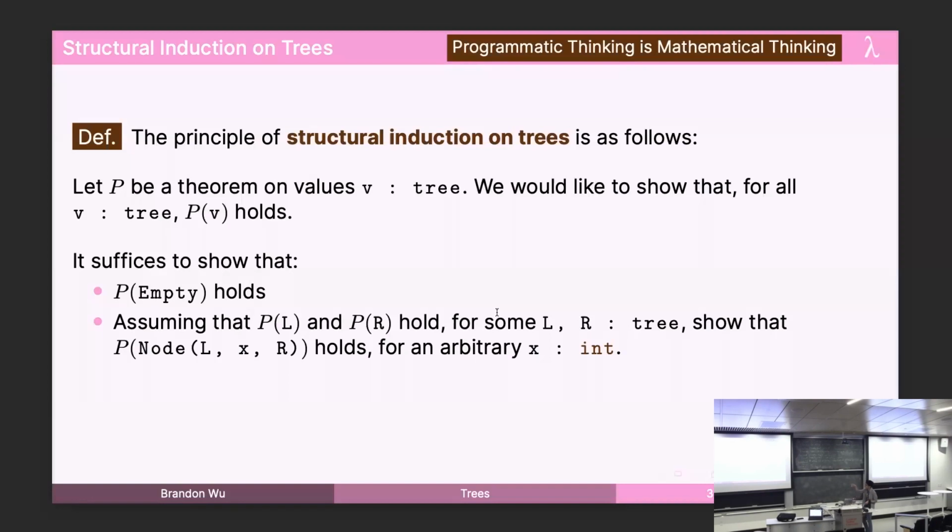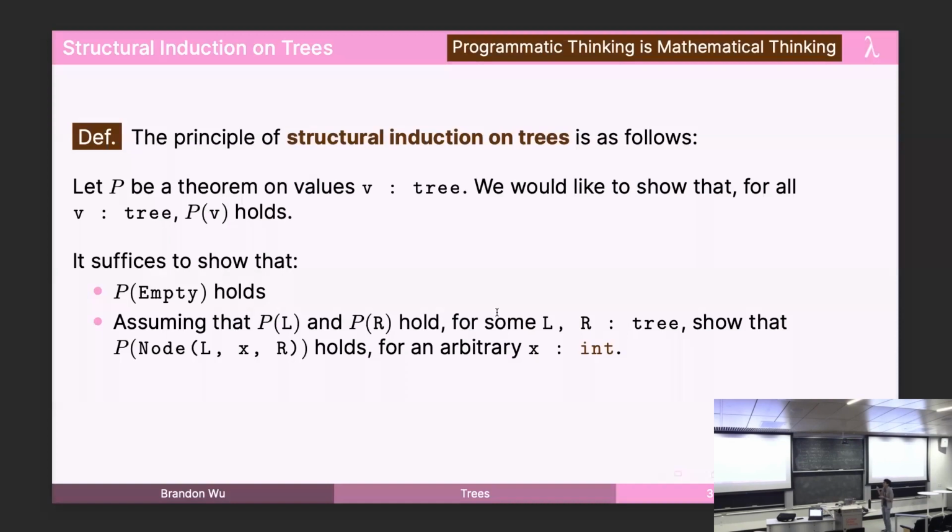Why? Because I have two trees on my left and right that I need to be able to say the theorem holds for. If I don't know that the theorem holds for my left and right subtrees, I'm up the creek without a paddle. I don't know what to do. My moves I can make are very limited. But I need that principle of induction to be able to talk about any of my children. Okay?